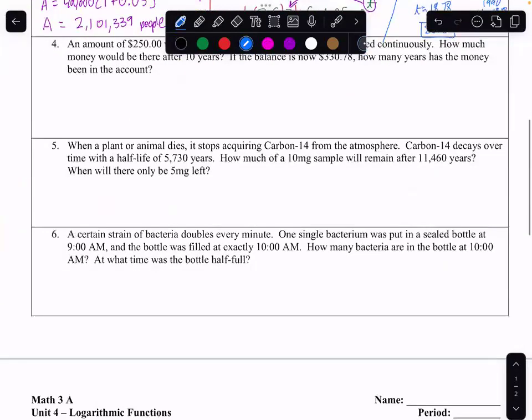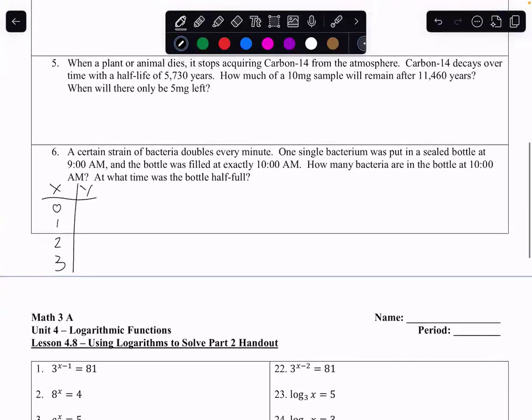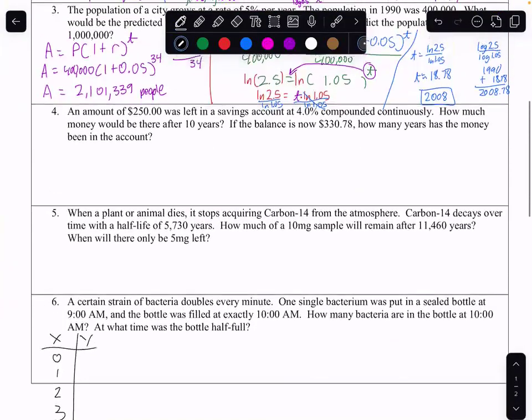So my recommendation for problem 6 would be to make a table of values. Do the first few values by hand, and then maybe you can figure out the equation from there. Okay, so I'll give you a good amount of time to work. If you finish, on the back is some mixed practice of solving equations.